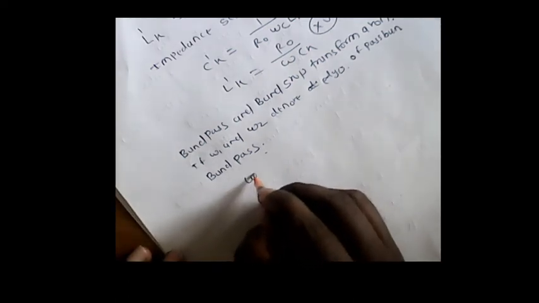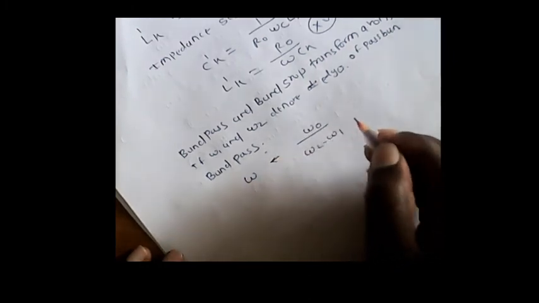In the frequency substitution, omega is replaced by omega 0 divided by omega 2 minus omega 1 into omega divided by omega 0 minus omega 0 divided by omega. This is equation number 16.